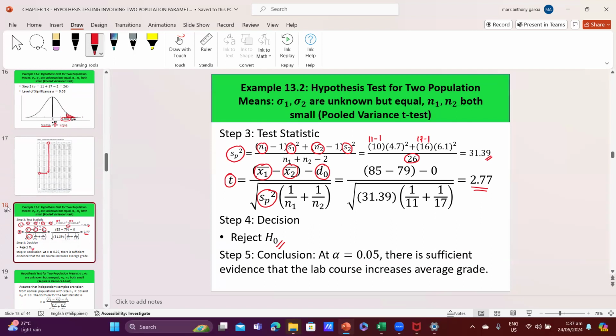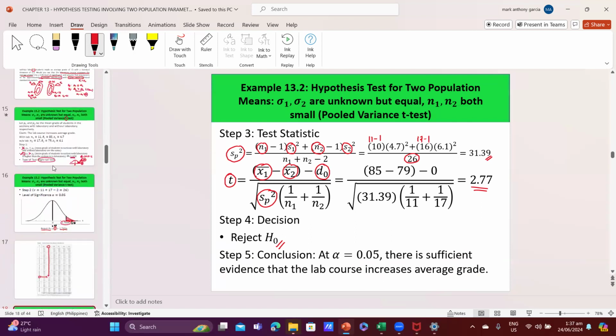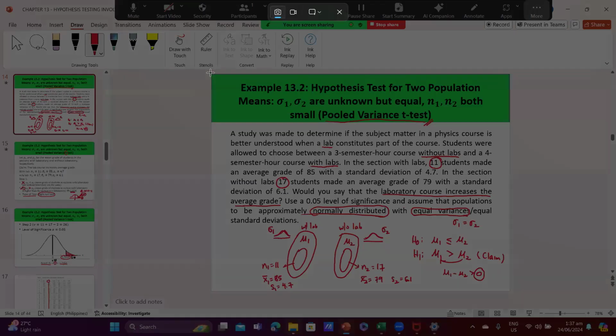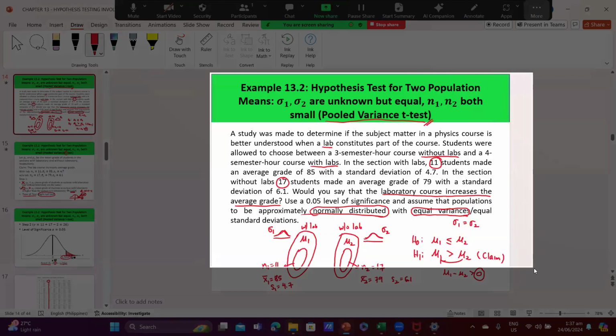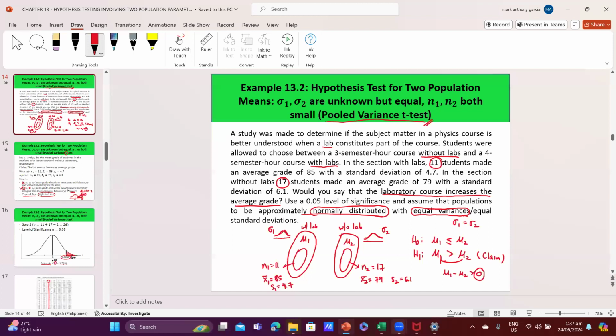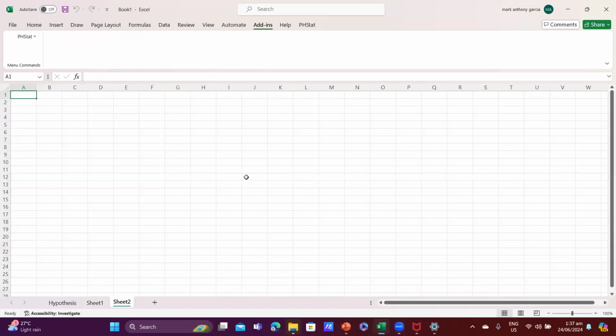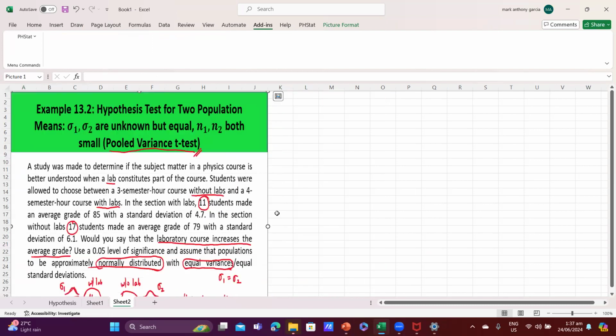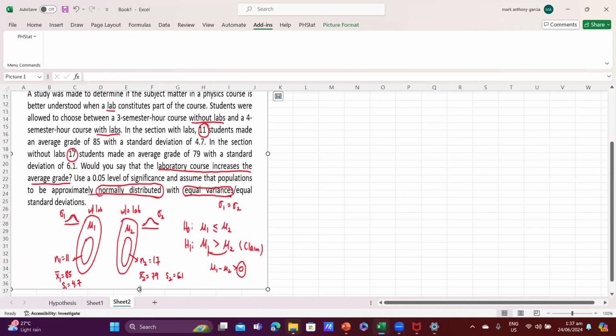So let us use the PHStat software in computing the test statistics. Let's copy this problem first into our Excel file. Let's suppose that we were using the same problem again.